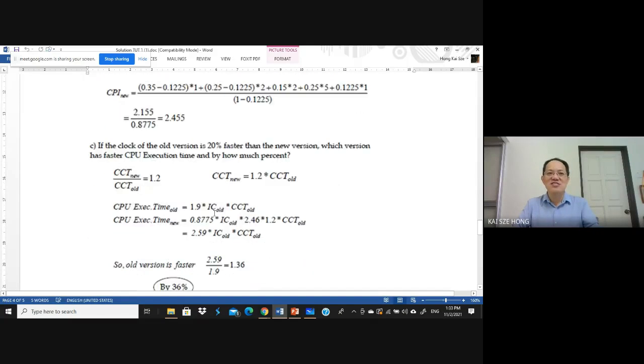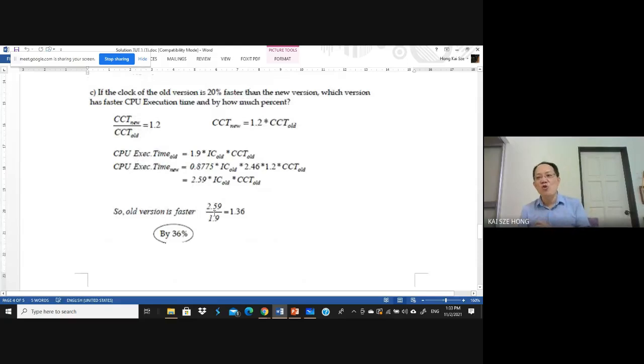So third question. If the clock of the old version is 20% faster than the new version, which version has the faster CPU execution time and by how much percent? Okay, they say that the clock of the old version is 20% faster than the new version.